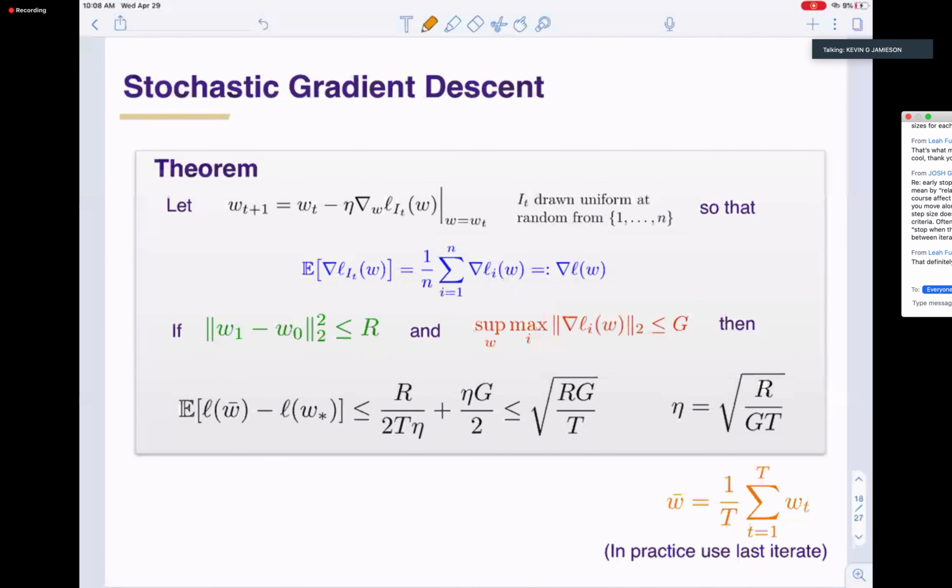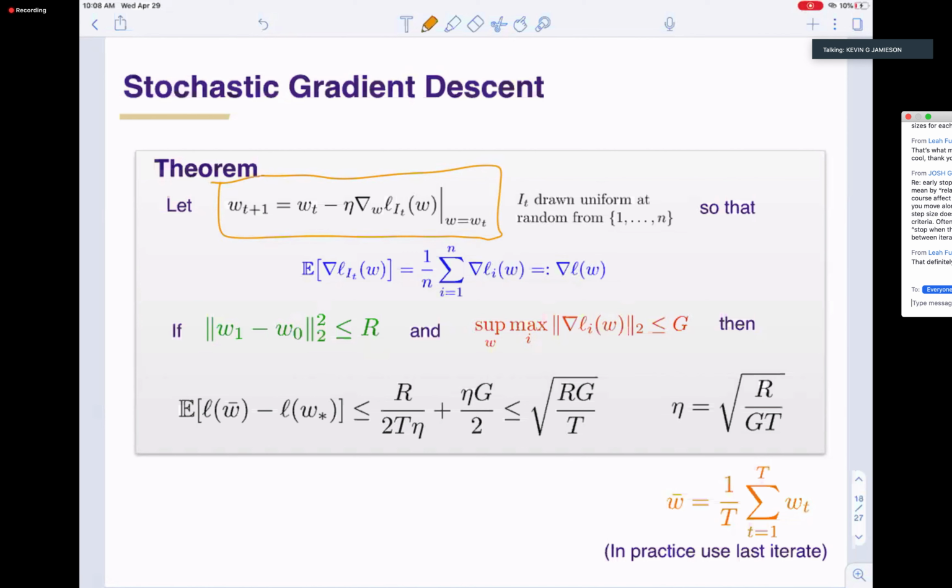I'm not going to prove this theorem to you, but I wanted to show you that you can prove things about this. You can show that if you run this algorithm, because with the noiseless gradient descent algorithm it's pretty obvious that it's going to converge, proof by picture. Stochastic gradient descent is not as obvious.